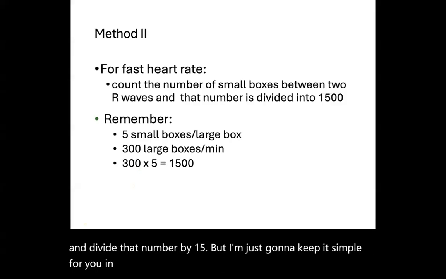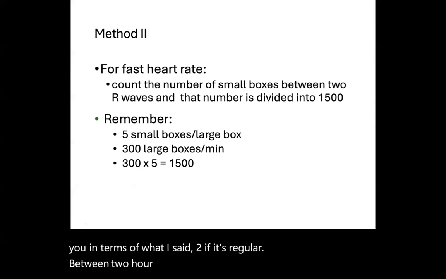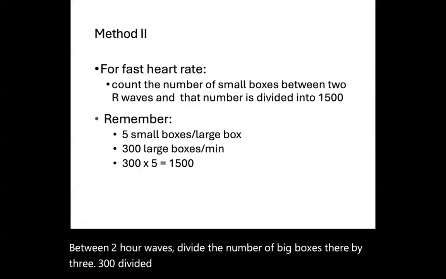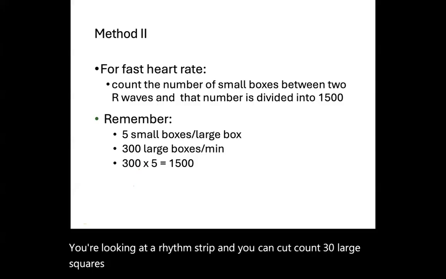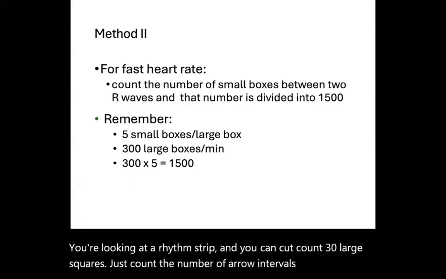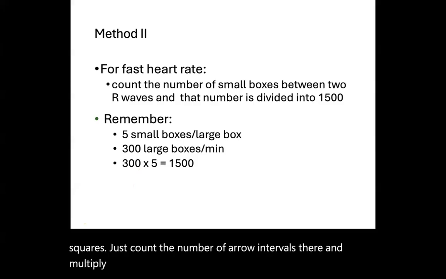If it's regular, between 2 R waves, divide 300 by the number of big boxes. If you're looking at a rhythm strip and you can count 30 large squares, just count the number of R intervals there and multiply by 6.